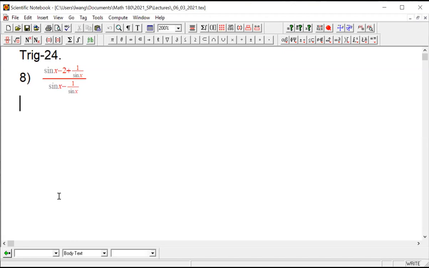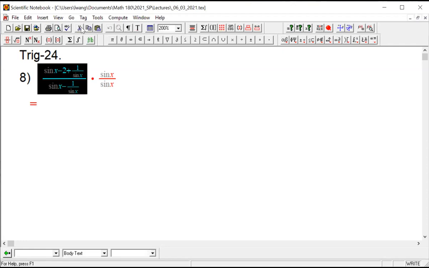How are we going to reduce this? Common denominator: sine x over sine x. So you take the sine x on the top and multiply each term, and you take the sine x in the bottom to multiply each term.